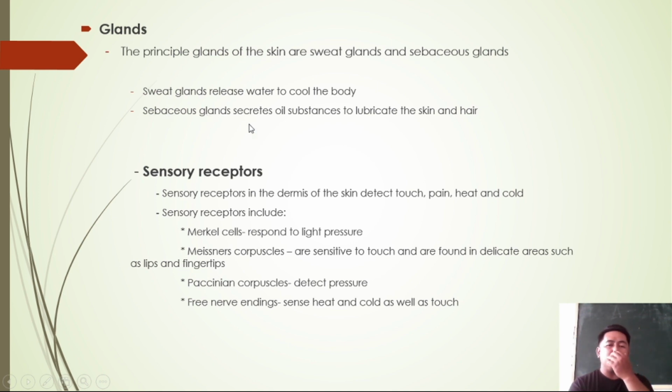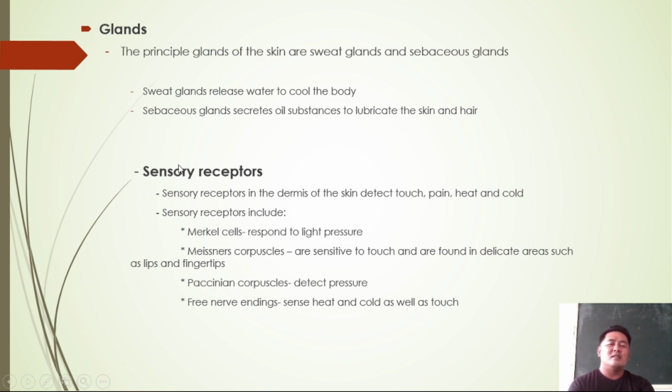Sebaceous glands secrete oily substances to lubricate the skin and hair. So the skin is oily because you are secreting oil, but its use is to lubricate your skin and your hair.